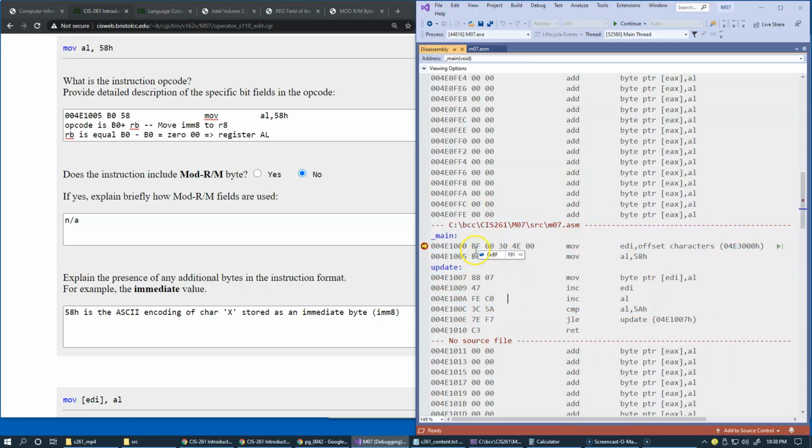You need to be able to identify this as it is and convince yourself that you're actually looking at this instruction that does this. Likewise, you can move on to the next piece and the next piece.